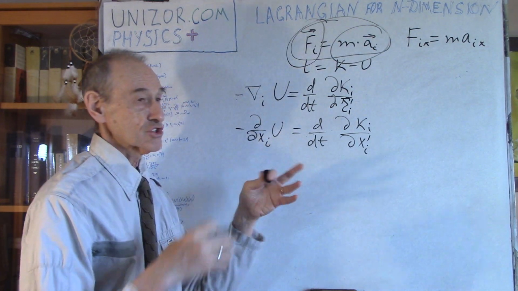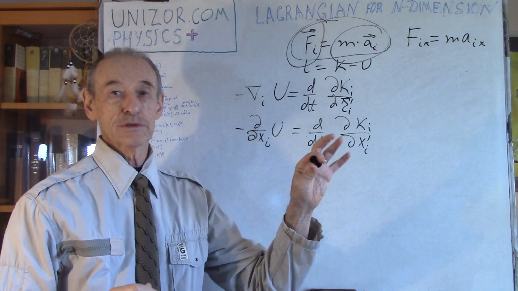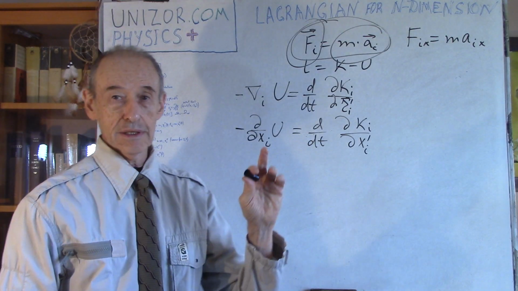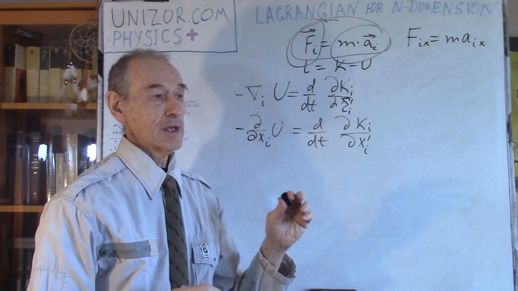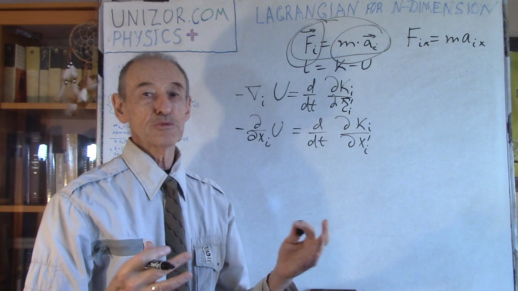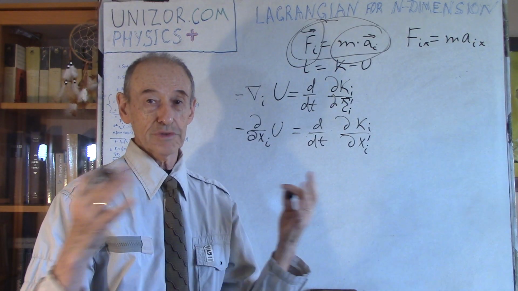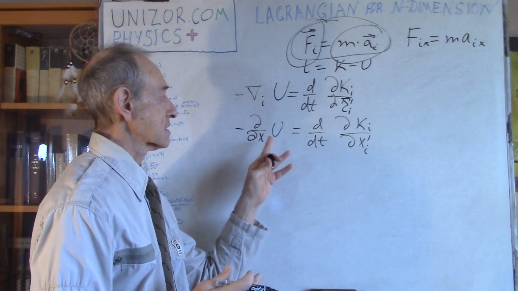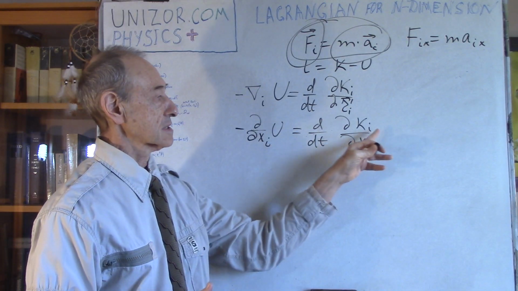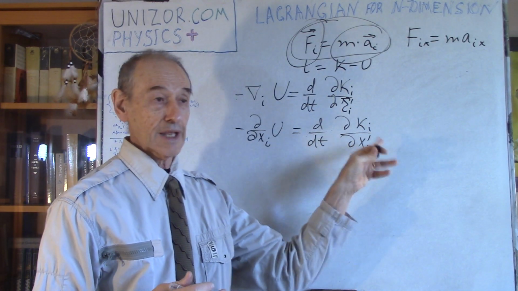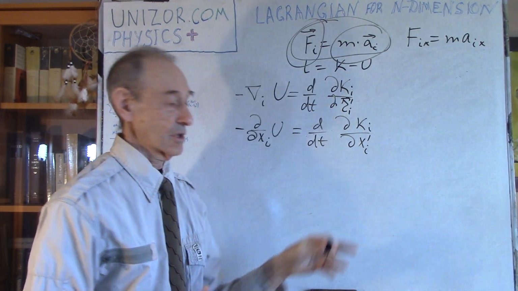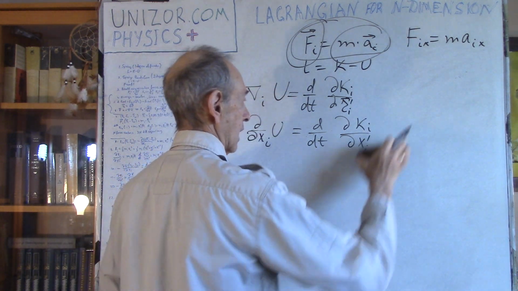U is the potential of the whole system at the point where x_i is located, right? So I would like everything to be the complete energy of the entire system. So this is complete energy. This is energy of one particular object. I would like to change it to complete energy. And what I will do is just this.